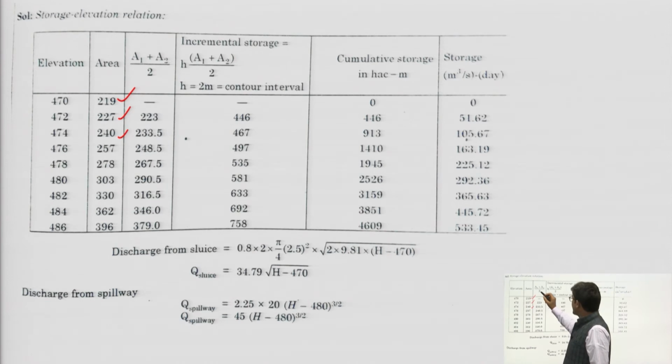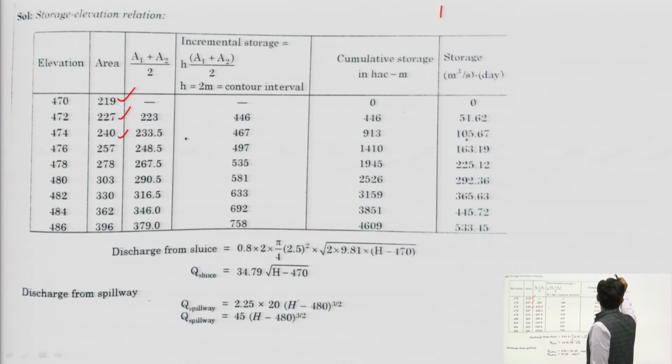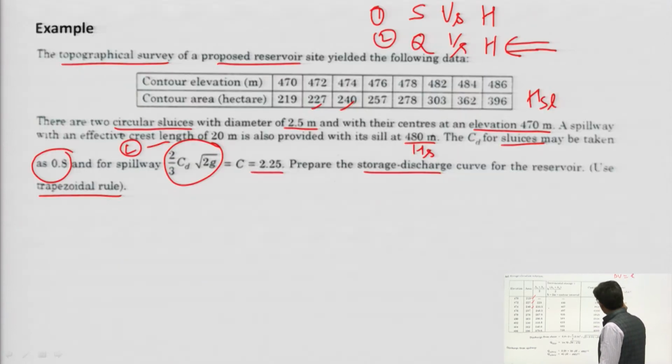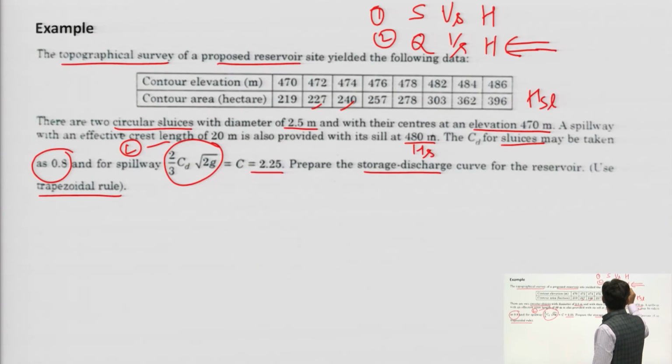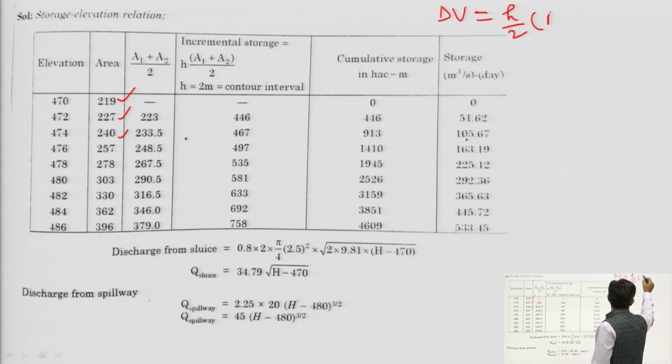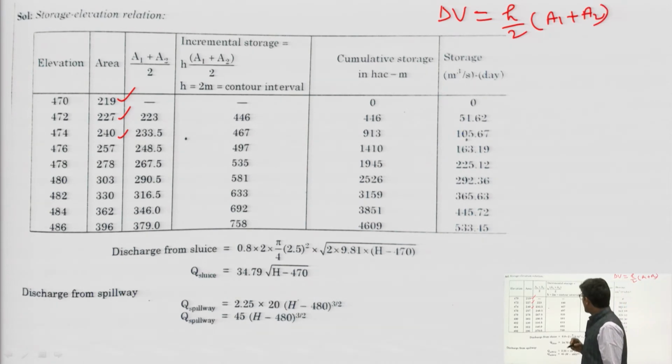Since we need to use this formula for delta V, the storage within successive areas, it is H by 2 into A1 plus A2. So, it is better to calculate the value of A1 plus A2 by 2, and that has been calculated in this column.